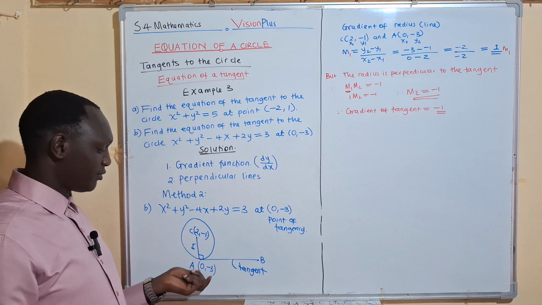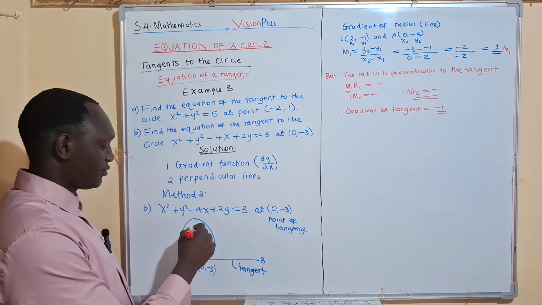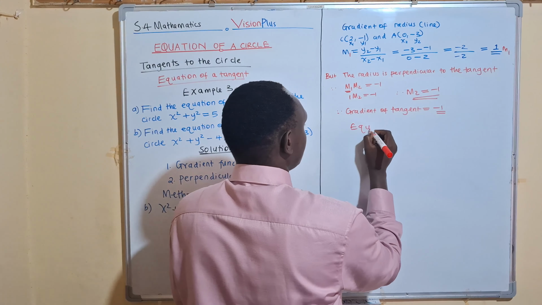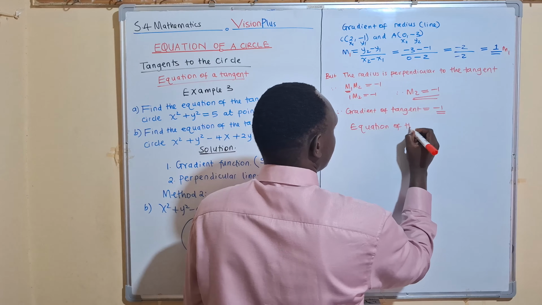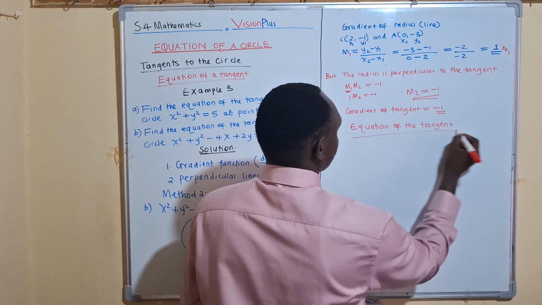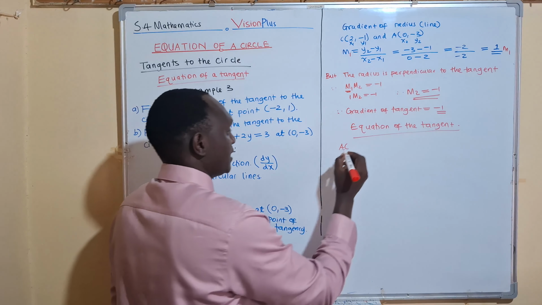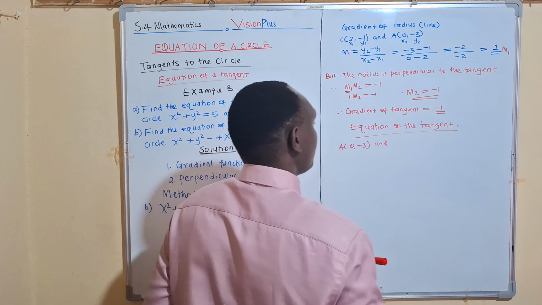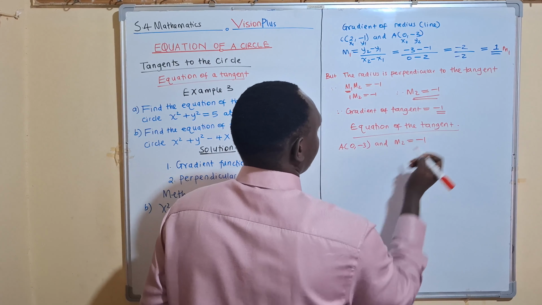Now, after getting the gradient of the tangent, you know one point on the tangent, point A. Point A is the point of tangency being shared by both the radius and the tangent. So we can find the equation of the tangent since we know the gradient of the tangent and one point on the tangent. Why? Because we know point A as (0, -3), and then we know the gradient of the tangent M2 as -1.